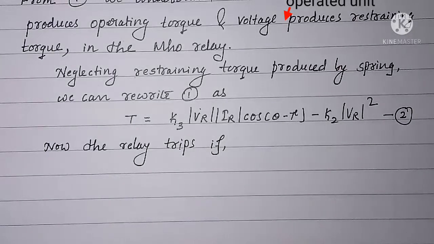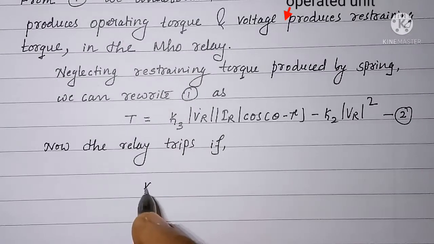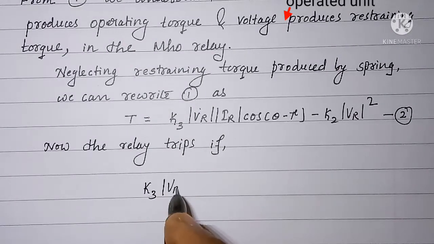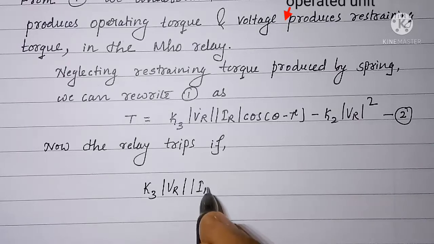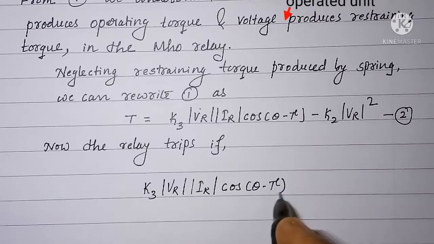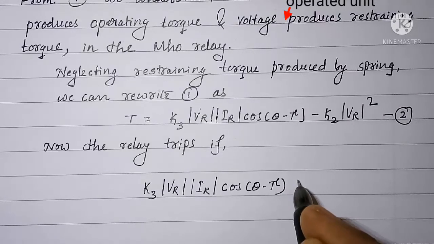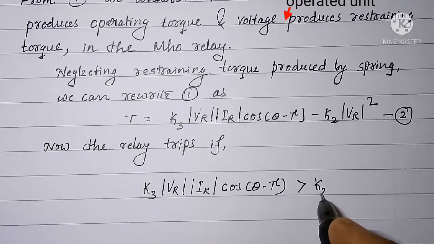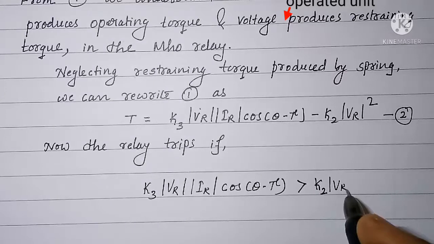Now the relay trips if K3 into VR into IR into cos of theta minus tau is greater than K2 into VR square.